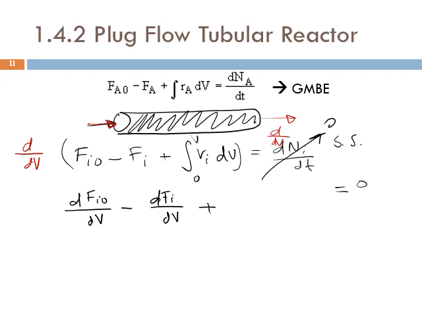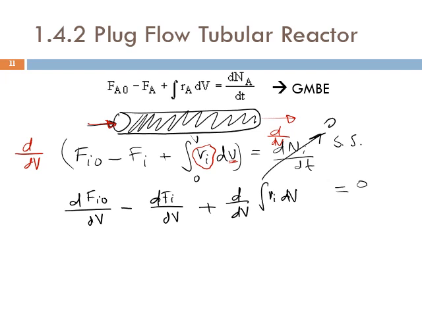We have a function, which is Ri. This function is first integrated with respect to V, and then it is derived with respect to V. So let's write it, no big deal: d over dV of the integral of Ri dV.